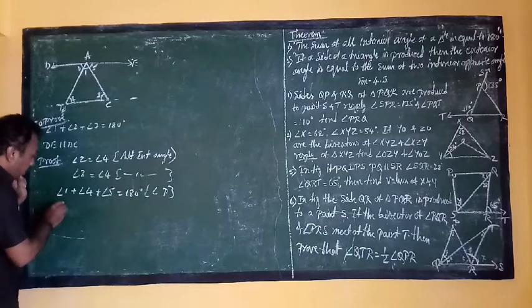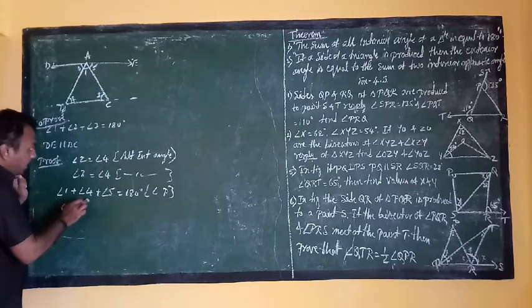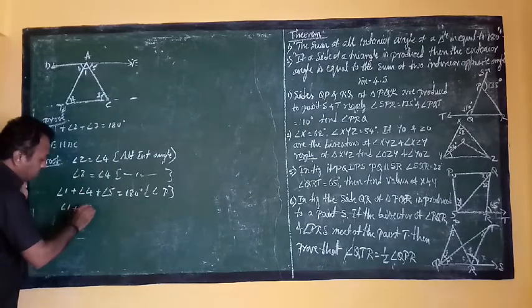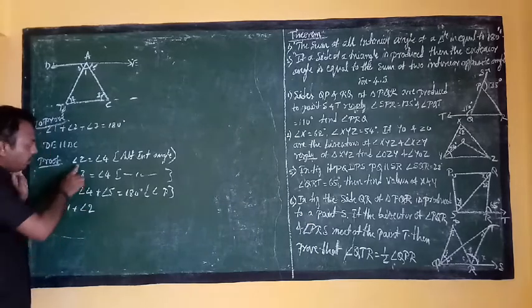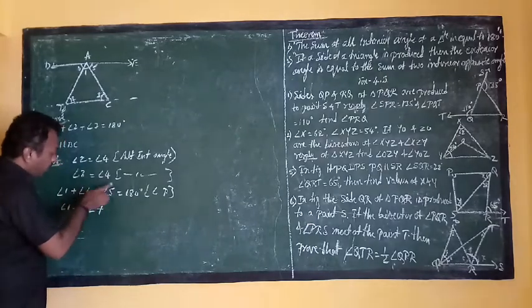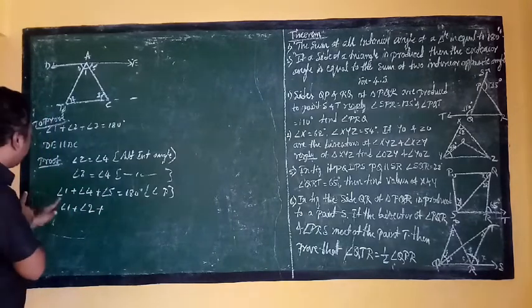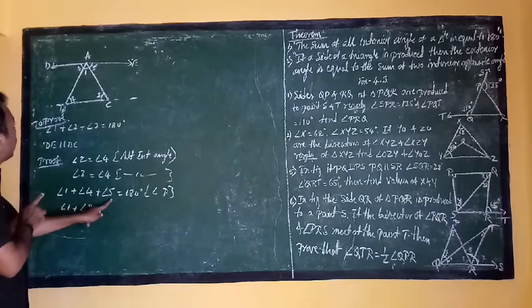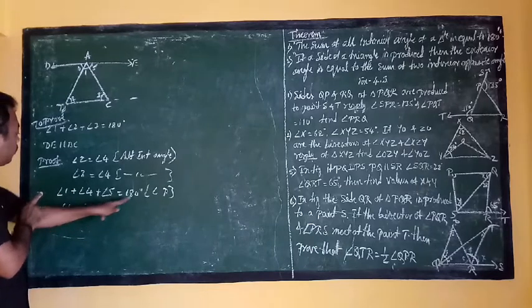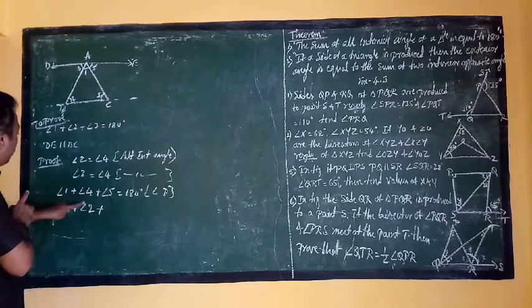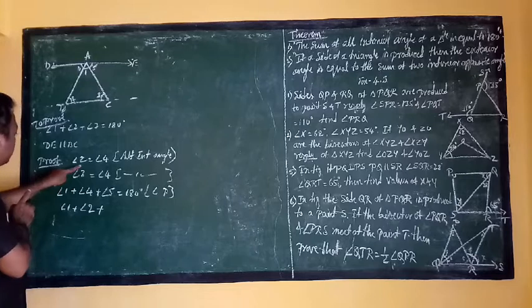Next, angle 1 as it is, I will write now, plus angle 4 instead of angle 2, plus angle 5, it is equal to 180 degrees.